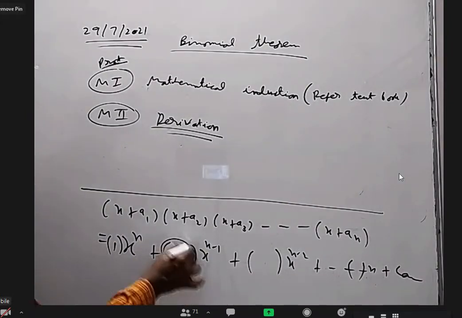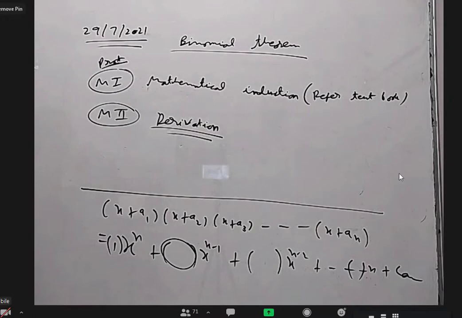Anybody want to tell what the coefficient of x to the power n minus 1 is going to be? How many times will x to the power n minus 1 come when you multiply all these things?